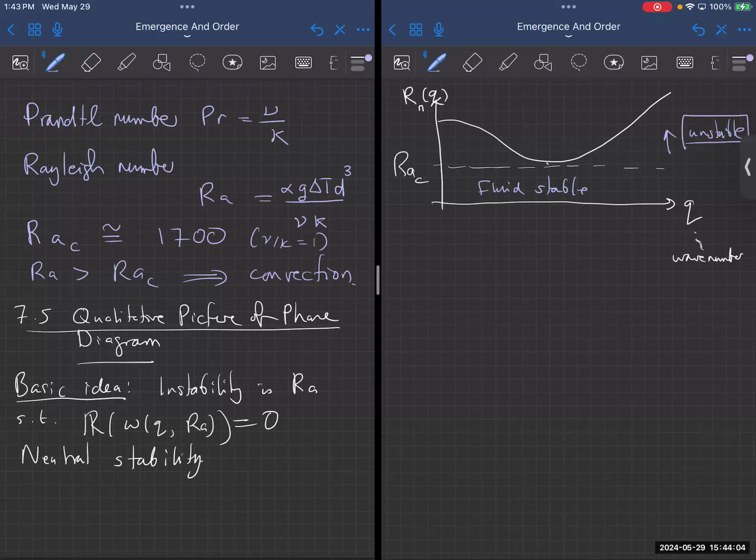So what is the strategy? We want to find out what happens above the critical Rayleigh number.